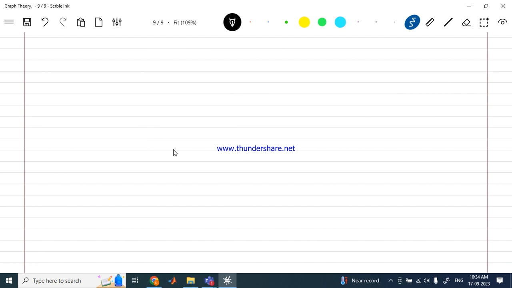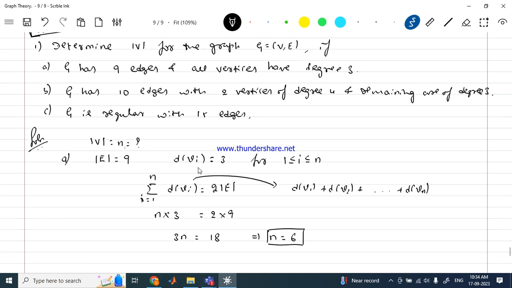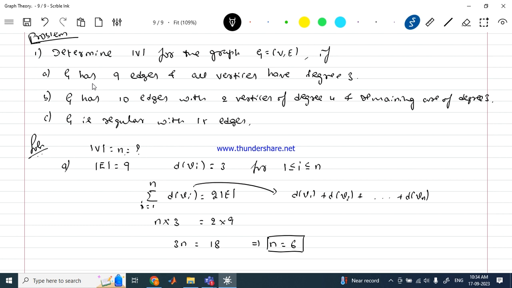So left hand side is n into 3, equal to 2 times the number of edges, and number of edges is given by 9. So 3n is equal to 18, therefore n is equal to 6. So if I consider this graph G with 9 edges and the degree of all vertices 3, definitely in that graph the number of vertices must be 6.